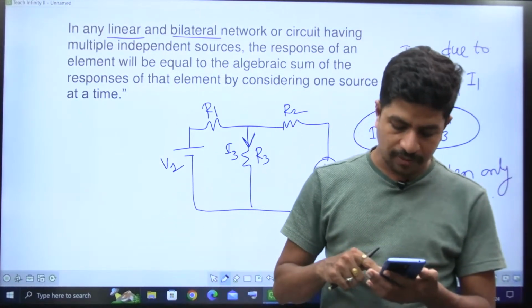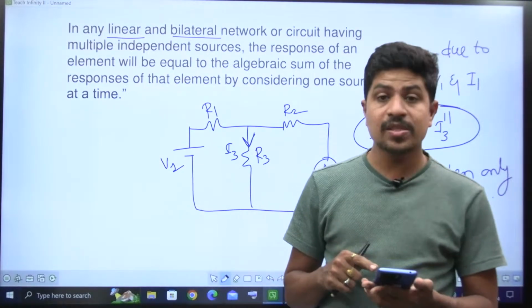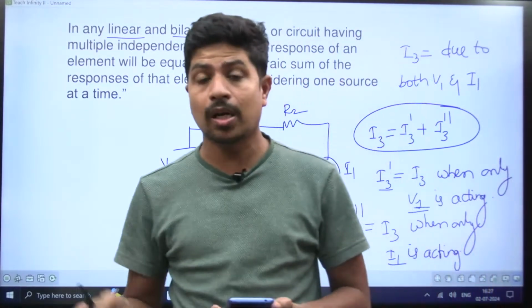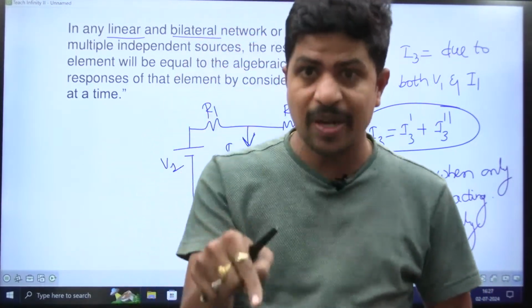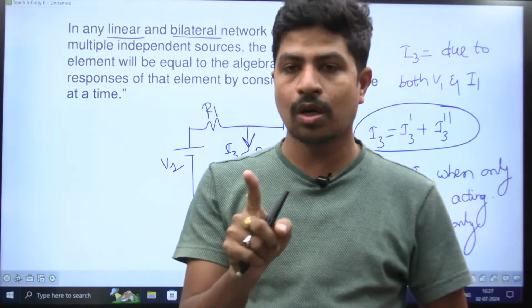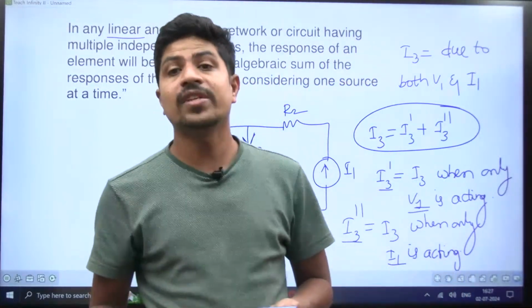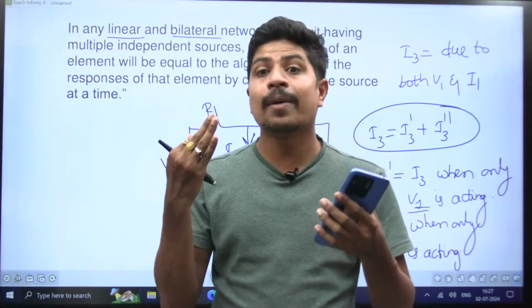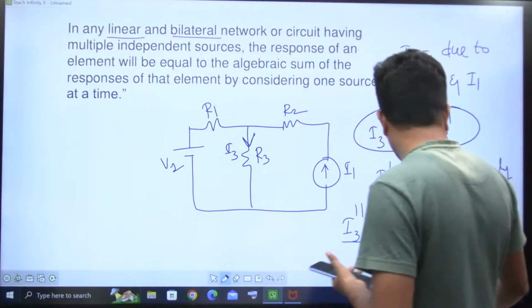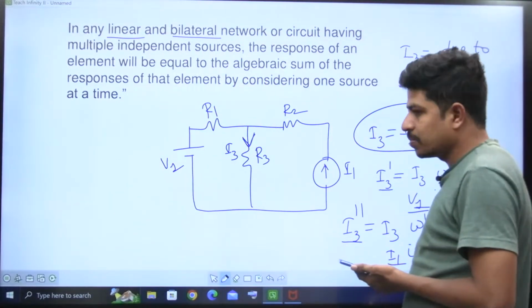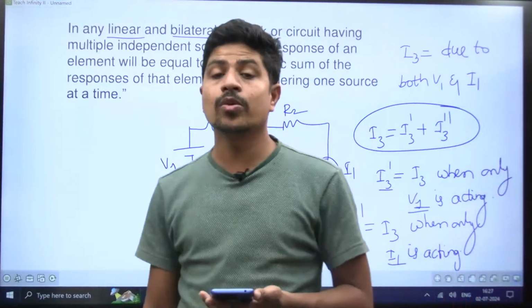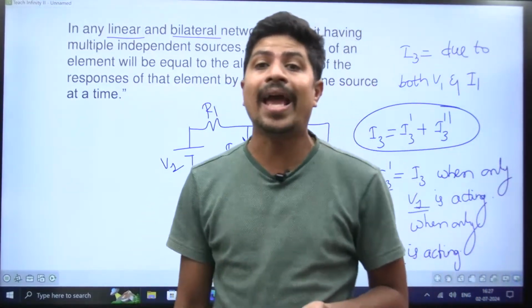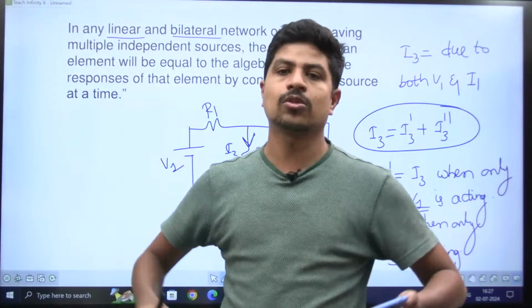Superposition theorem is applicable with dependent sources also, but you should not count the number of dependent sources. Suppose it is having three independent sources and one dependent source, this kind of question may be possible: the number of subcircuits using superposition theorem is equal to the number of independent sources only.